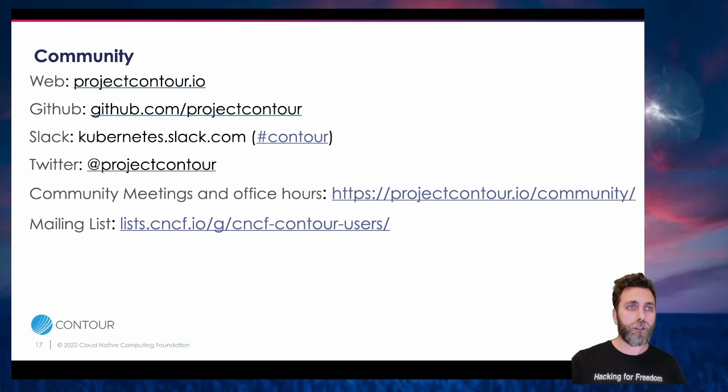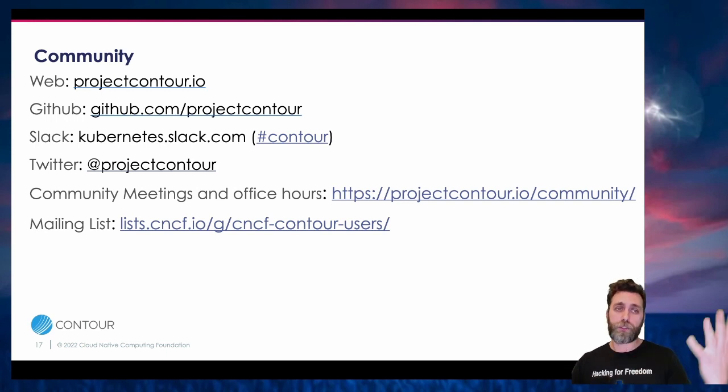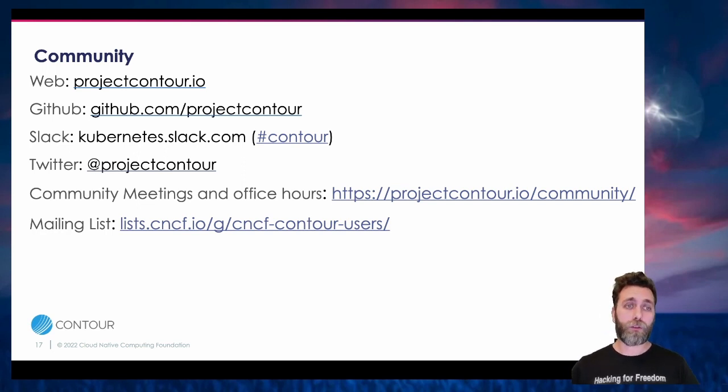So, community: webpage projectcontour.io, GitHub Project Contour. We have a Slack channel in the Kubernetes Slack, where you can ask all the questions that you may have about deployment, troubleshooting, community meetings, you name it, everything. Please follow our Twitter.